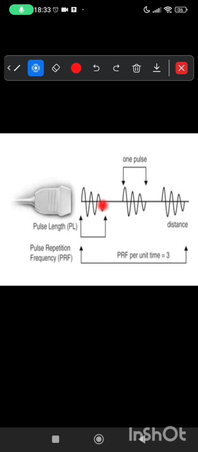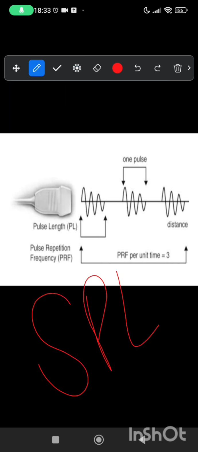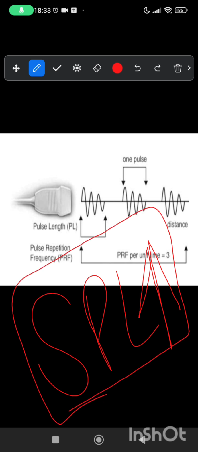So what happens if SPL is reduced? Is axial resolution better or worse? Shorter SPL means better resolution, and increased SPL means resolution will be reduced.